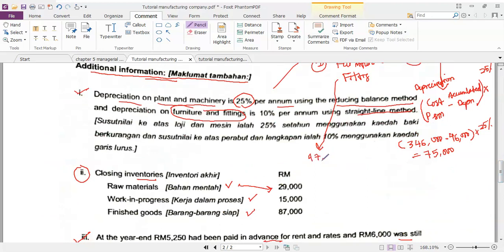No need to minus, okay? 47,000 just multiply with the 10%. Okay, how much is the answer? Yes, that is correct.